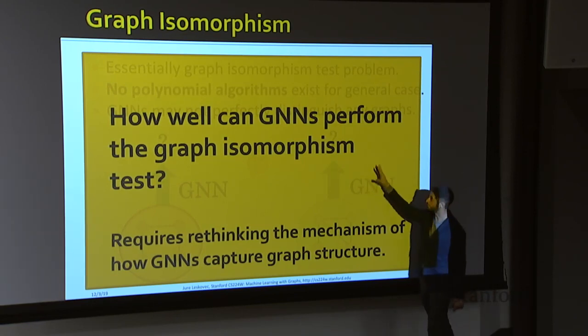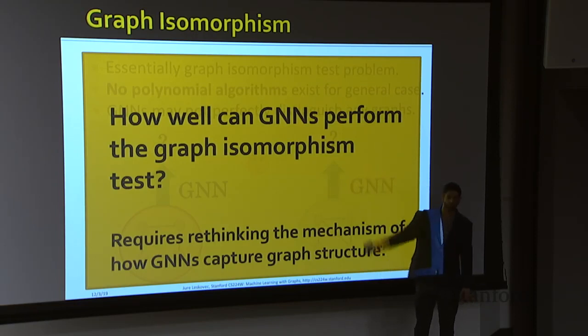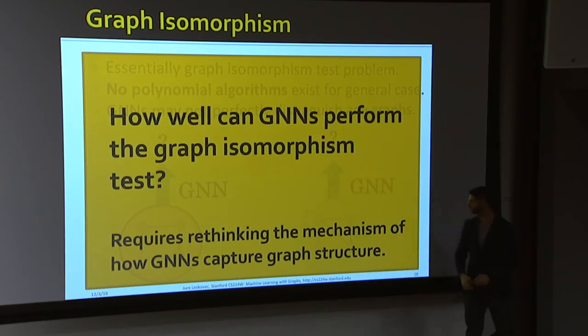We're going to be trying to have a GNN which performs as close as possible to the graph isomorphism test, okay? And as I said, this will require rethinking a bit the mechanism by which the GNN captures the graph structure. Contrary to what we've seen in GCNs or in GraphSage, we're going to be changing some strategies in the aggregation to make sure that we can also capture the difference in the topology of a graph.